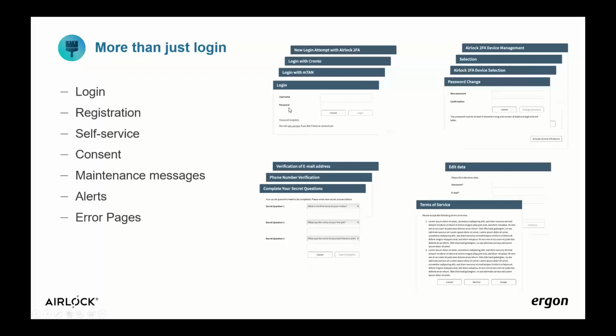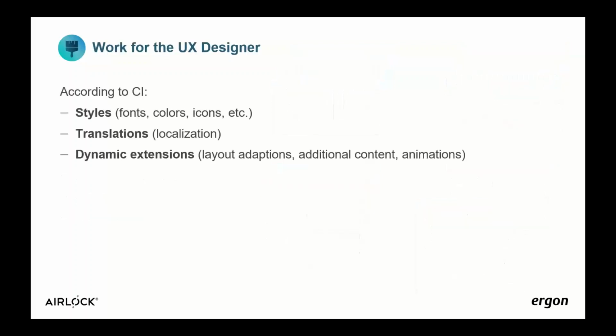We created an SDK which you can run without having an IAM, so you can download this SDK and change the styles, the translation, the dynamic extensions, and everything like this. So give me a second.